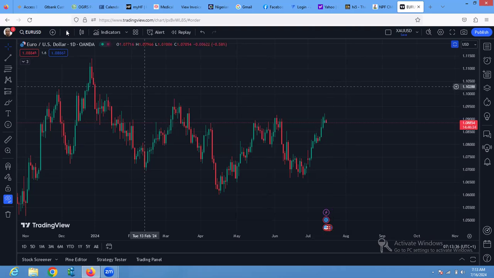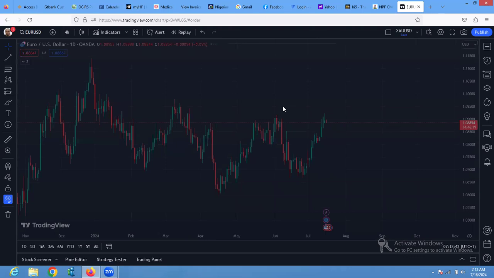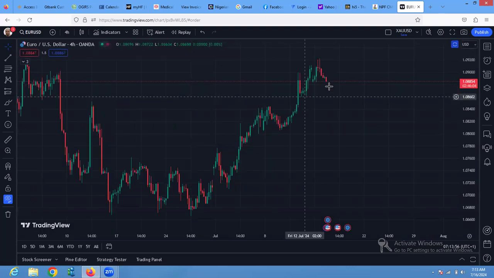So for now, on the 4-hour time frame, what do we see? We are still seeing a correction towards this area. We are not coming here for now. We still need to negotiate.